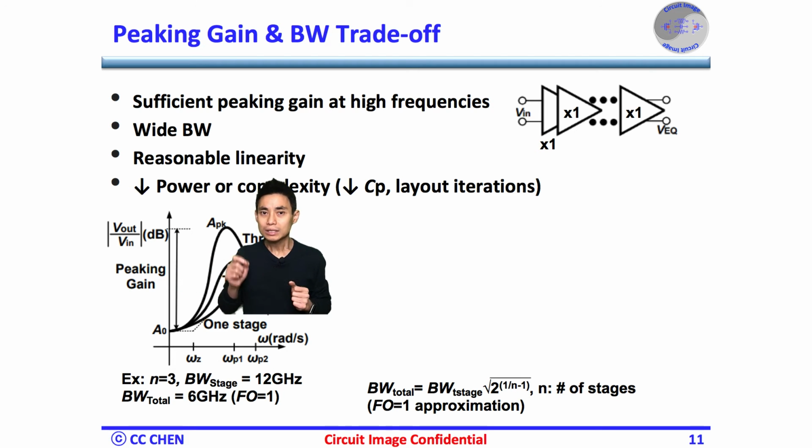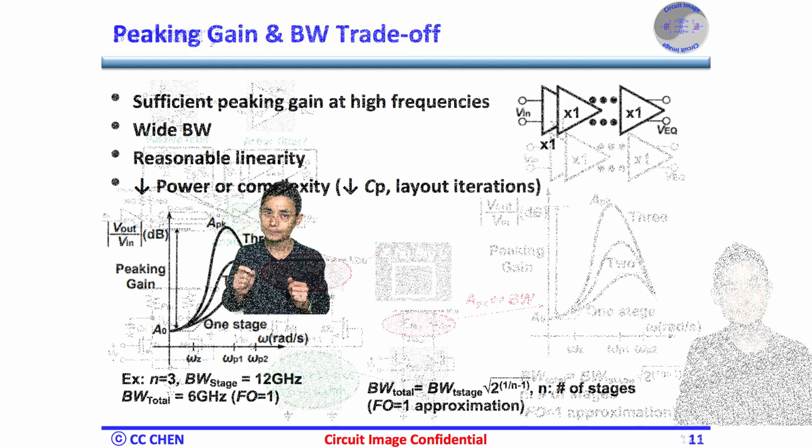We may need to either decrease the stages of the amplifier or reduce the gain at the Nyquist rate to 8 dB such that the total CTLE bandwidth can be at least 16 GHz. I hope this CTLE design example provides you with some idea of the peaking gain, or even gains at the Nyquist rate, and bandwidth trade-offs.